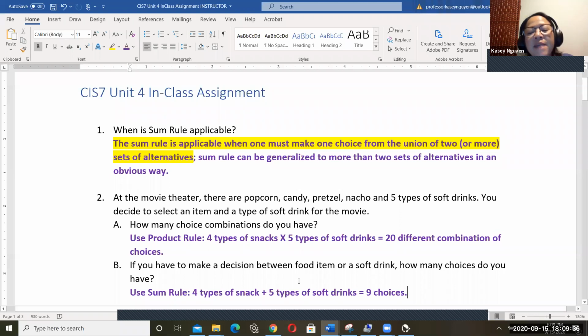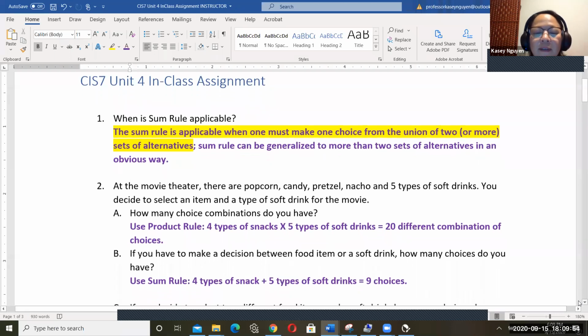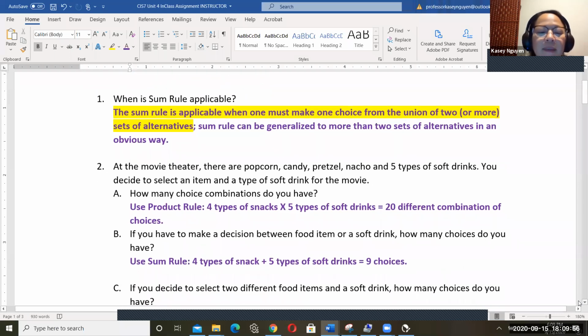So if we have to make a decision on either buying the food or buying the drink, then we would use the sum rule. 4 types of snack plus 5 types of soft drinks, which gives us 9 choices. Okay, so that shows you the difference between the product rule and the sum rule in counting.